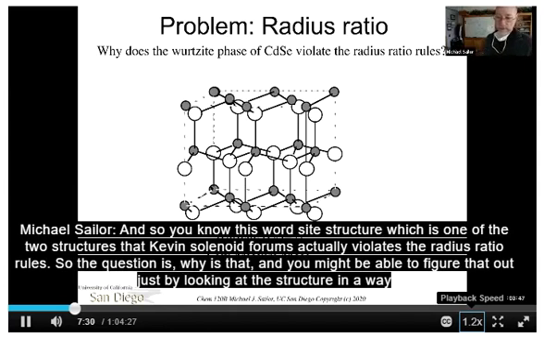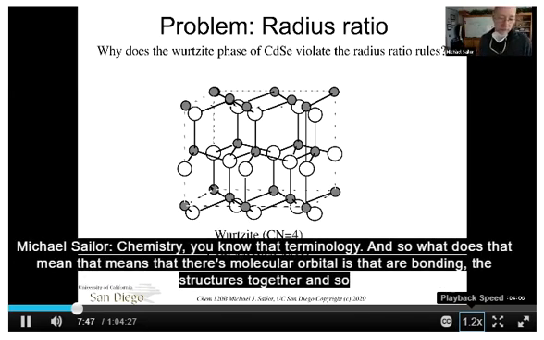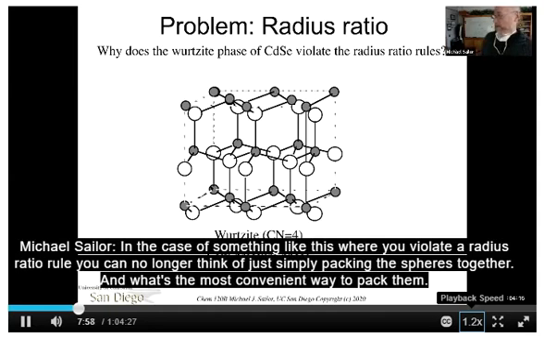You might be able to figure that out just by looking at the structure. This is a 4 coordinate structure, and you can imagine these cadmium and selenium ions are all basically sp3 hybridized, back when we were talking about organic chemistry. What does that mean? That means there are molecular orbitals bonding these structures together. So where you violate a radius ratio rule, you can no longer think of simply packing spheres together in the most convenient way.